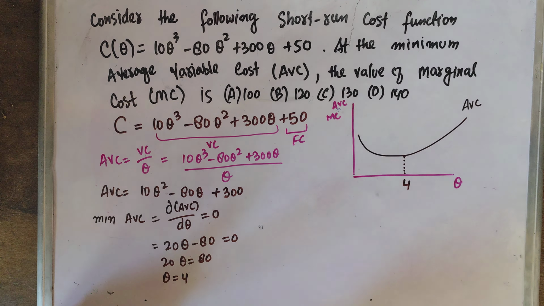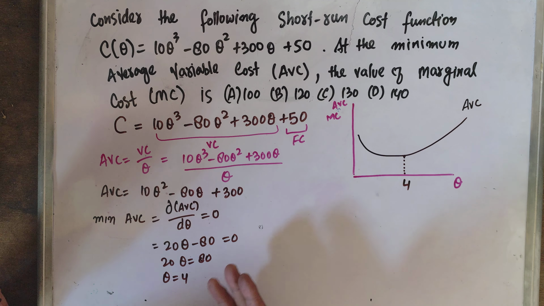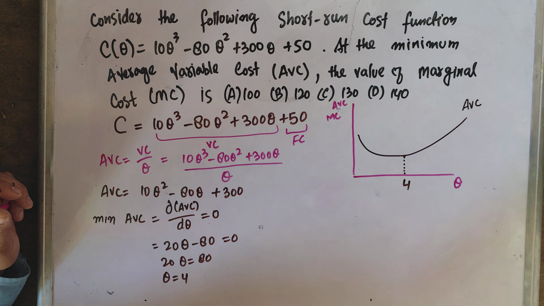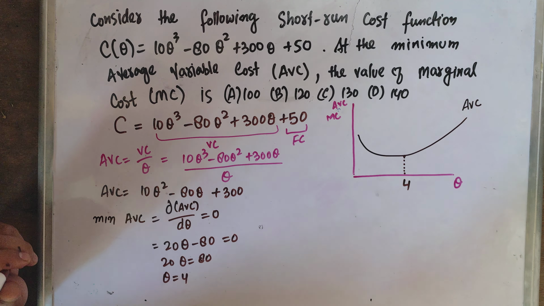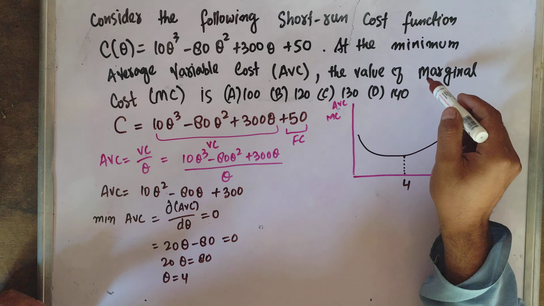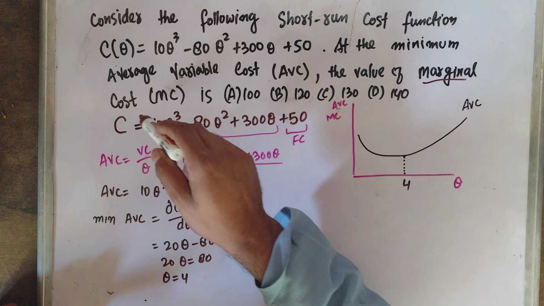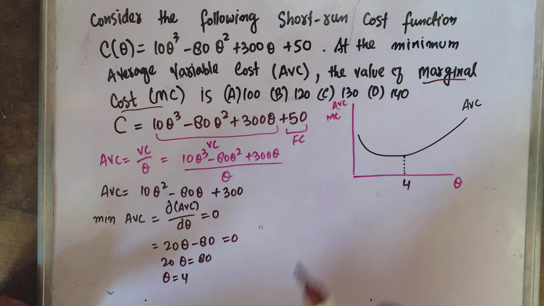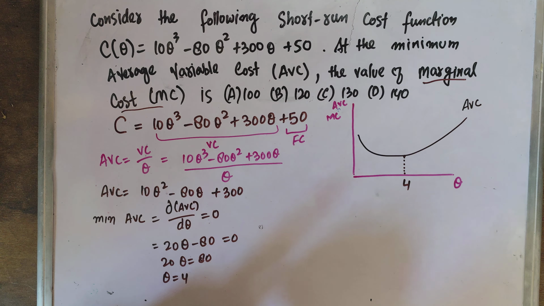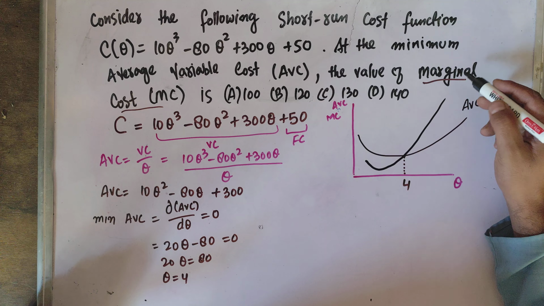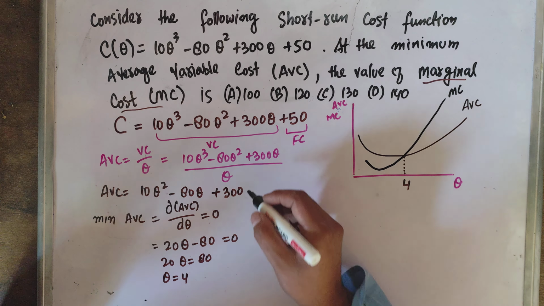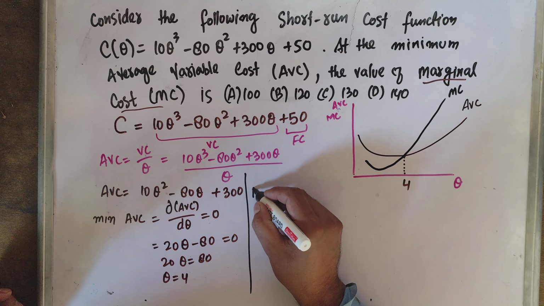But the question is not about what is the level of output where minimum average variable cost occurs, we have to find out the value of marginal cost at the minimum average variable cost. Let's draw the marginal cost function also here. Let us say this is our marginal cost function. What is marginal cost?